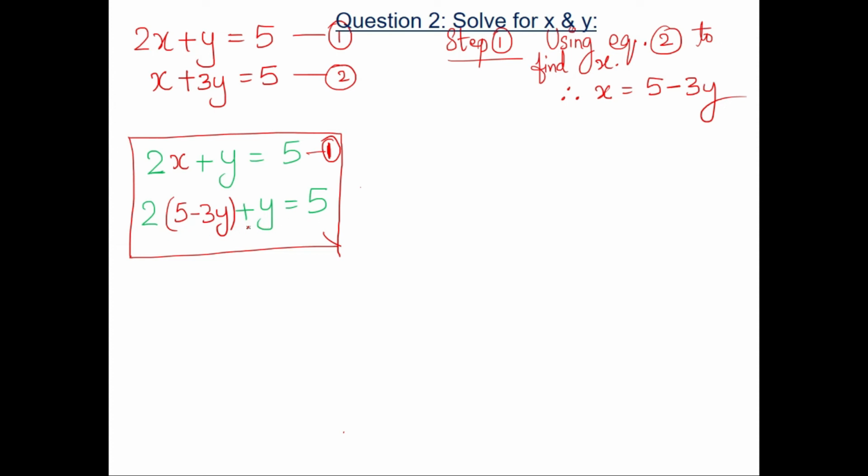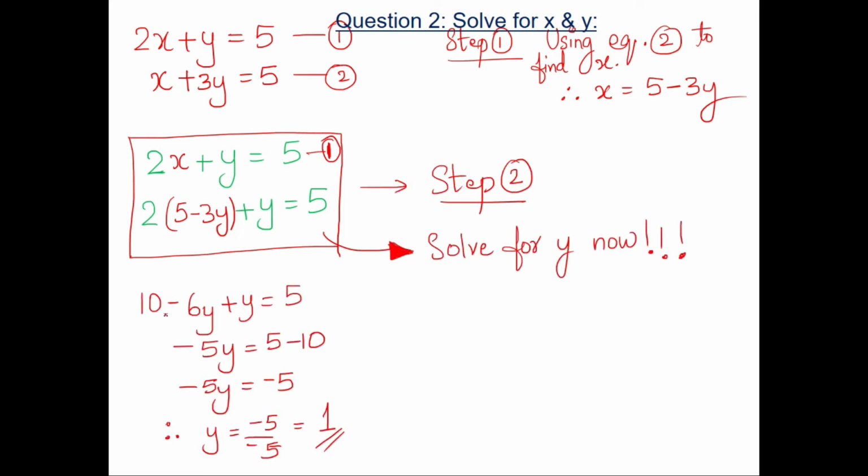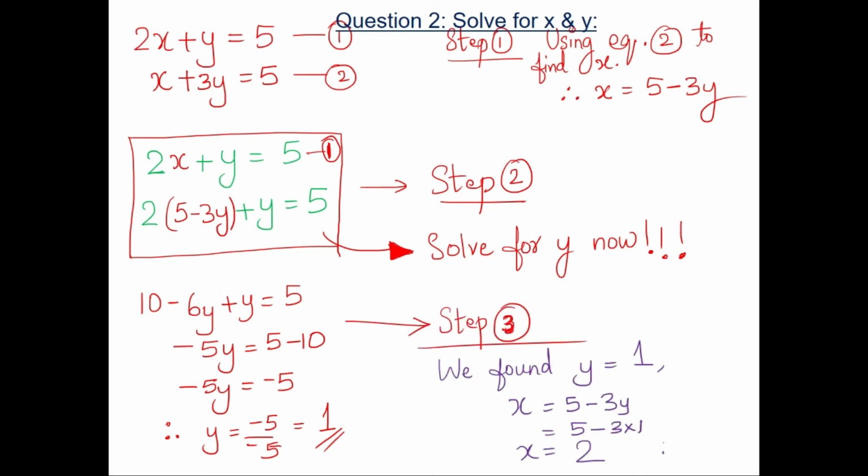Now this is a linear equation with only one variable y. Solve for y now. I have just expanded the brackets and you have y is equal to 1. So once you get the value for y, go back to the equation where x is going to be 5 minus 3y. You substitute the value for y and we get x is equal to 2. So your final answer is going to be x equals 2 and y equals 1.